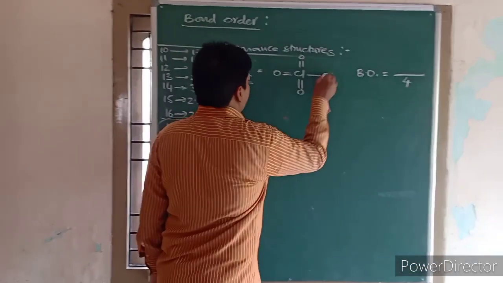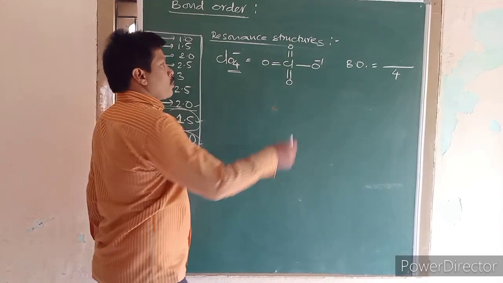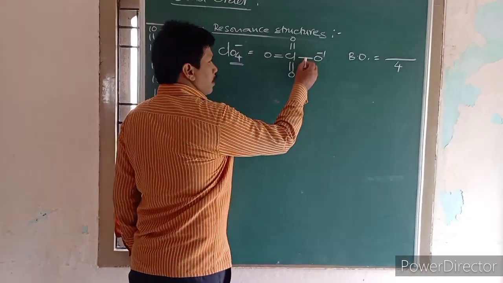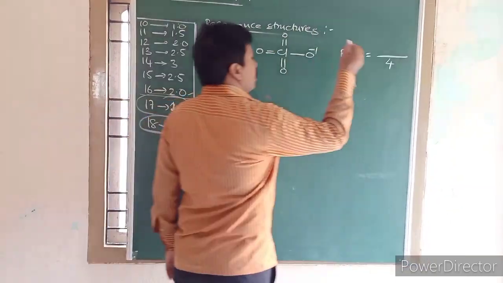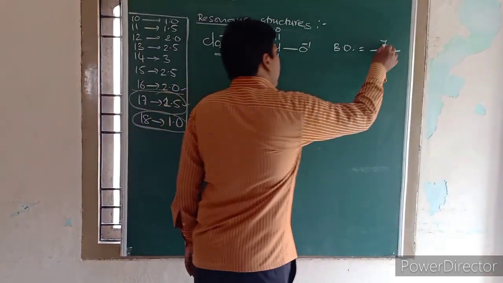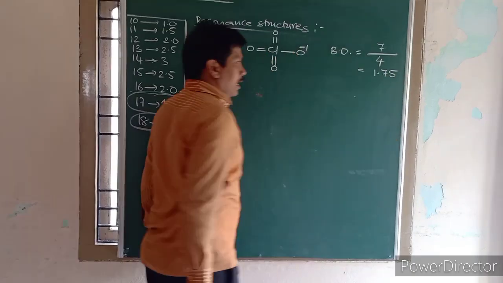The number of bonds between chlorine and oxygen in all the resonance structures becomes 1, 2, 3, 4, 5, 6, 7. That's why the total number of bonds is 7. 7 by 4 means this becomes equal to 1.75.